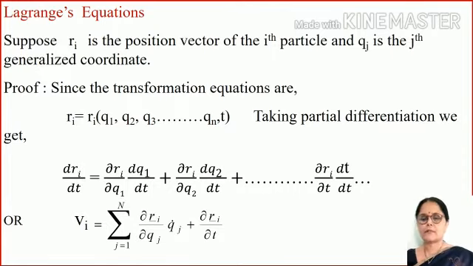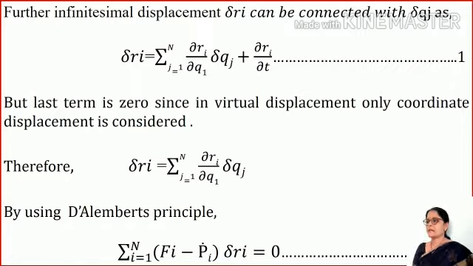Further, the infinitesimal displacement delta Ri can be connected with delta Qj. Then we can write delta Ri, the infinitesimal displacement, is equal to summation of j equal to 1 to n, dRi/dQj into delta Qj, plus dRi/dt. This is equation 1.